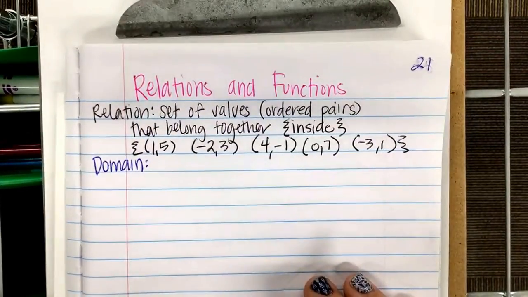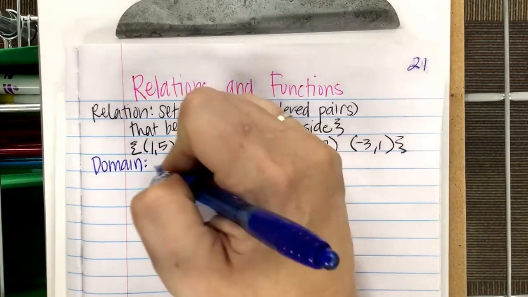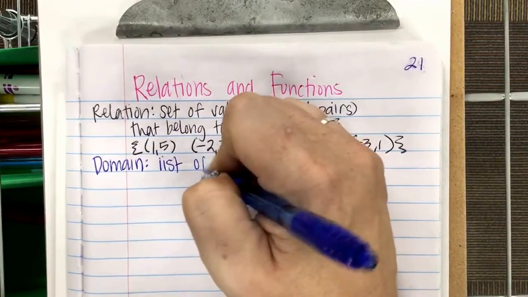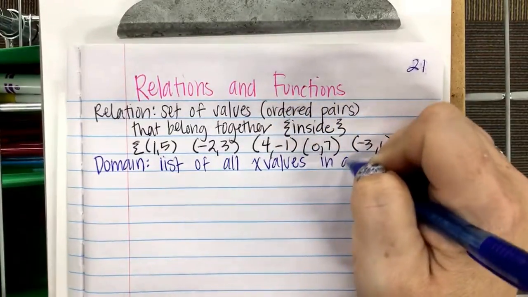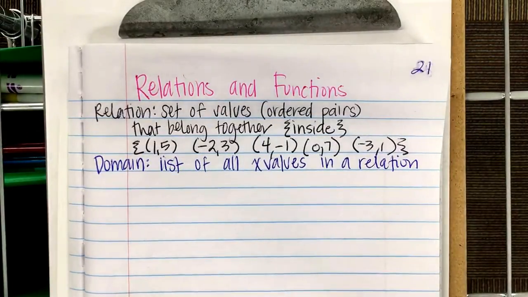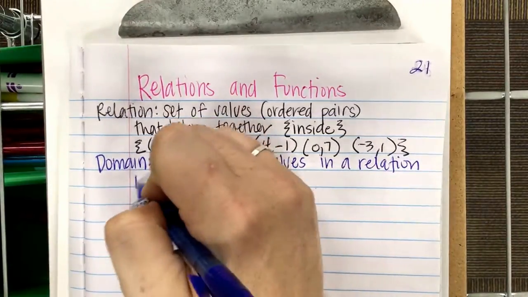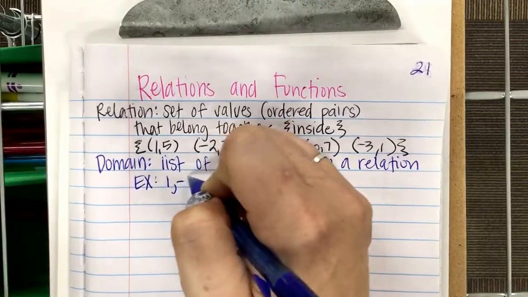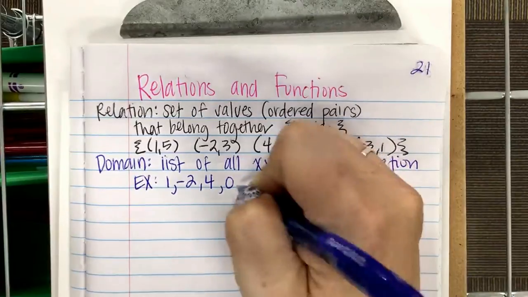And the domain, you just have to kind of associate them together. The domain is a list of all x values in a relation. It's not just the x value, it's all of the x values. So if it says, what is the domain of this relation? Our example would be 1, -2, 4, 0, and -3.